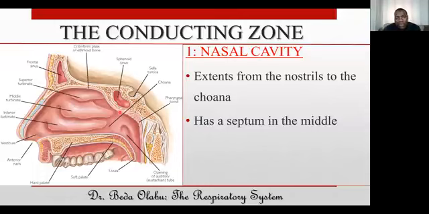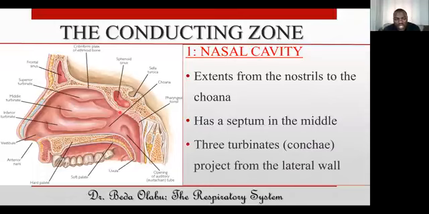The lateral wall of the nasal cavity contains three bony projections. These three bony projections are known as turbinates or conchae. They are bony projections which are lined by mucosal membrane, which is lined by mucosa. Mucosa is just epithelium. Now, what is the purpose of these projections? These projections also increase the surface area over which air conditioning can take place.